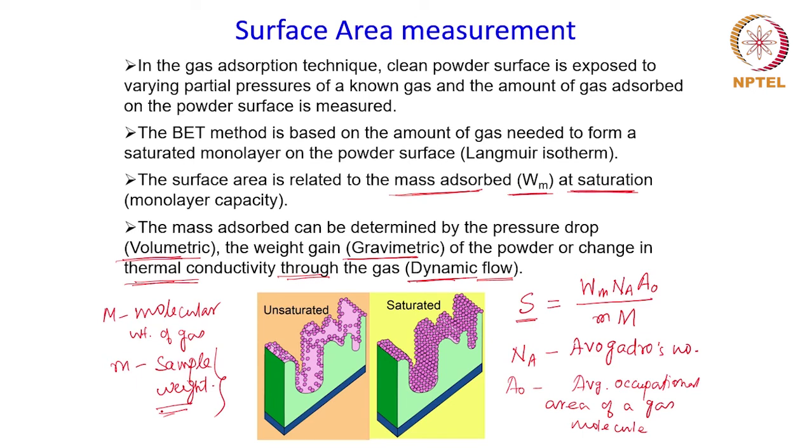Since that weight change is very small, this measurement of the sample weight has to be done very carefully. And in order to calculate the specific surface area from this particular equation, this property of the gas, the occupational area, has to be known, and that is why a known gas is used so that this can be easily obtained.